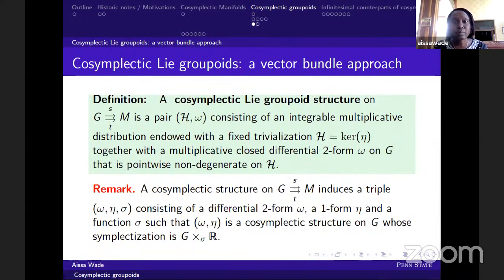Now, finally, I'm ready to give what I think is the right definition.